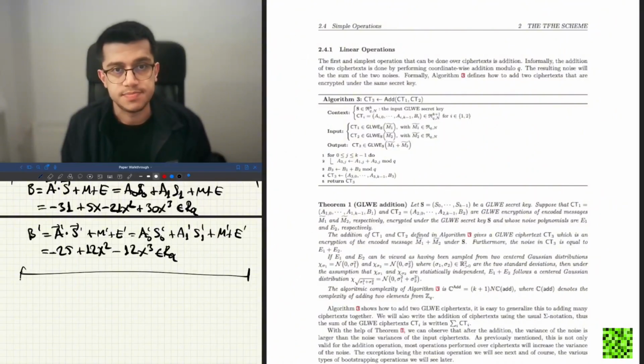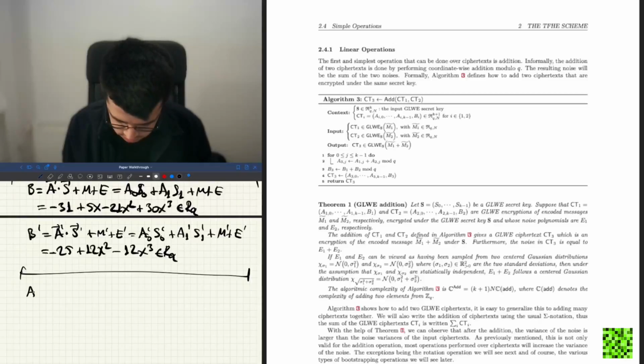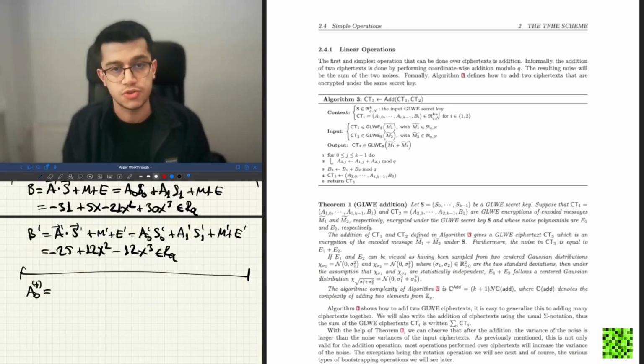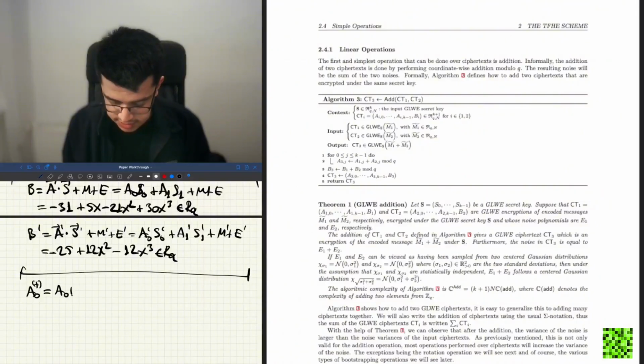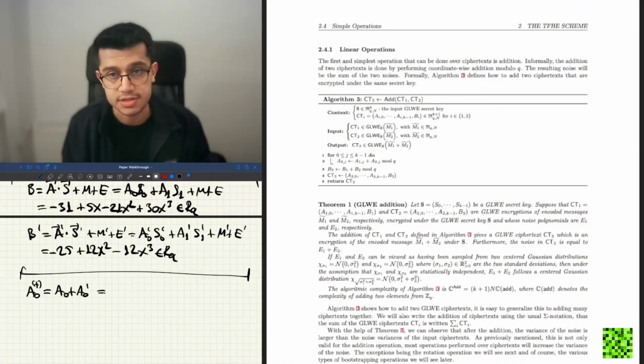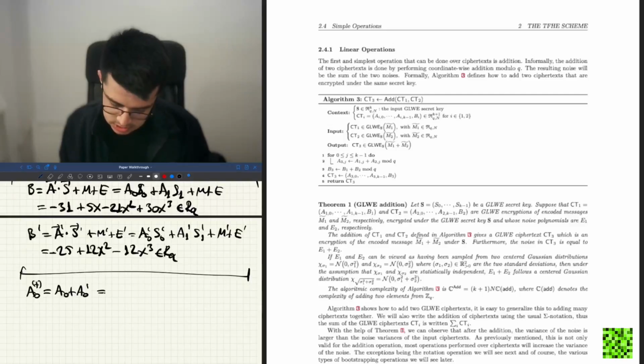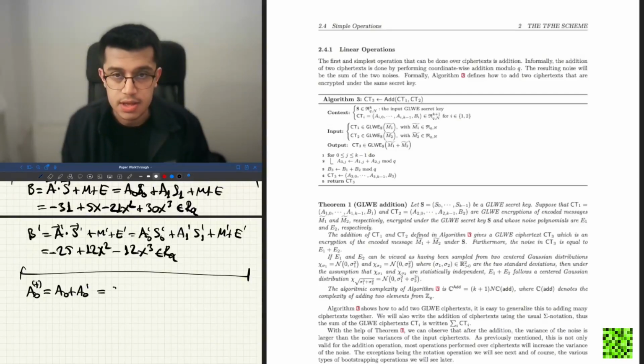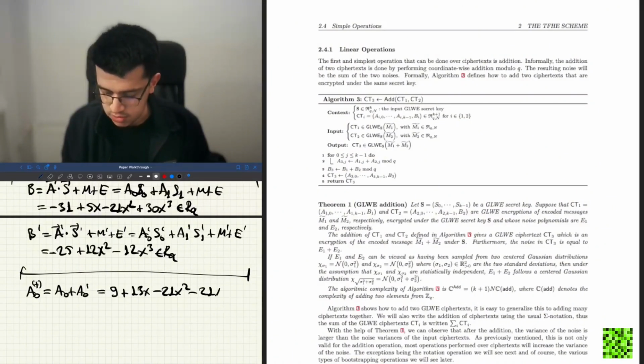All right, so let's start with a0 sum. That is gonna be equal to a0 plus a0 prime, and that is equal to 9 plus 13x minus 21x squared minus 21x cubed from RQ.